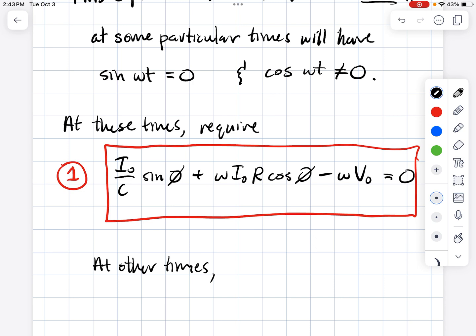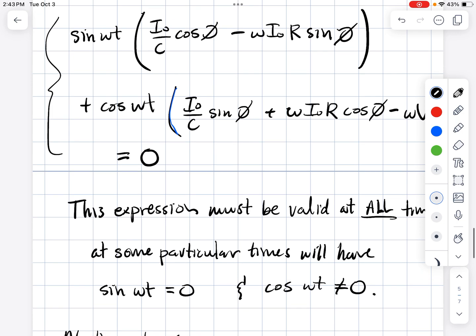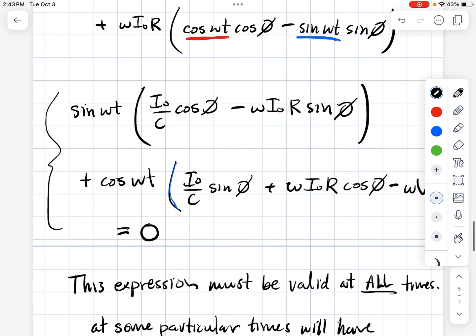We'll have cos omega t is equal to 0, and sine omega t is not equal to 0. And if we go back to this big equation, the cos term is going to vanish because there are some times where cos omega t is 0 and sine omega t is not 0. So now, in order for this equation to be satisfied at these particular times, everything in the green brackets has to be 0.